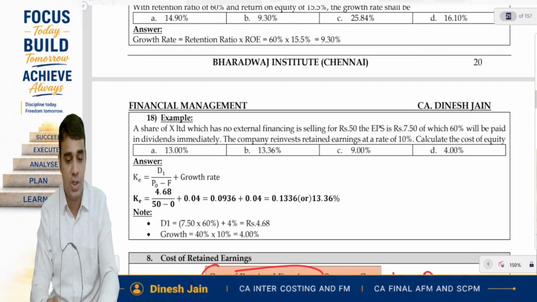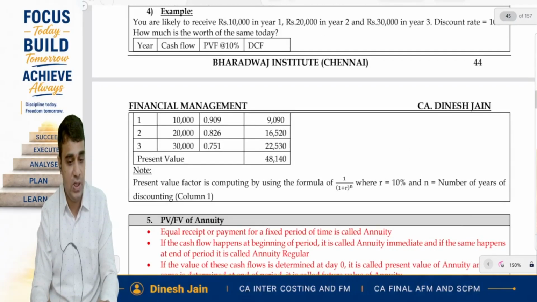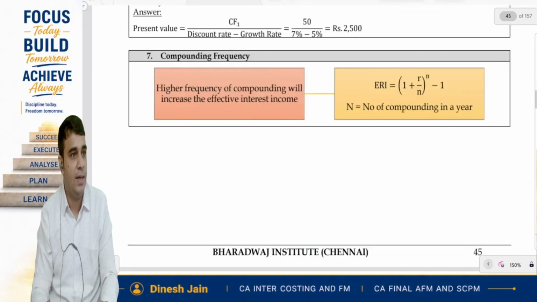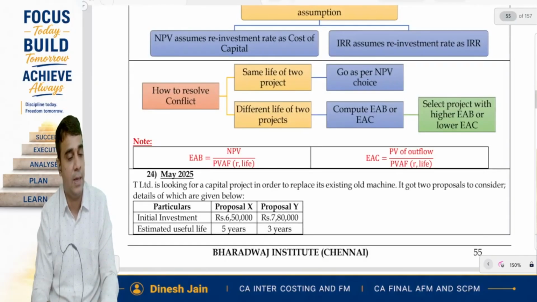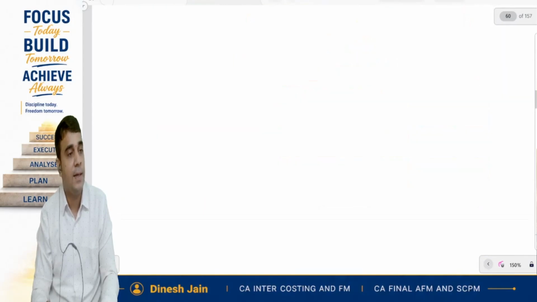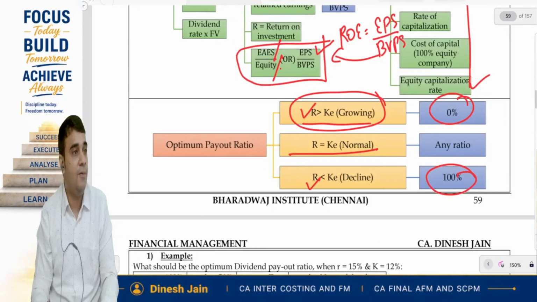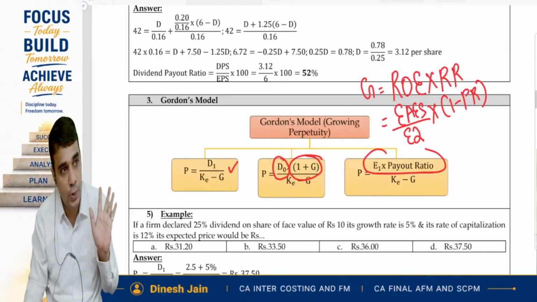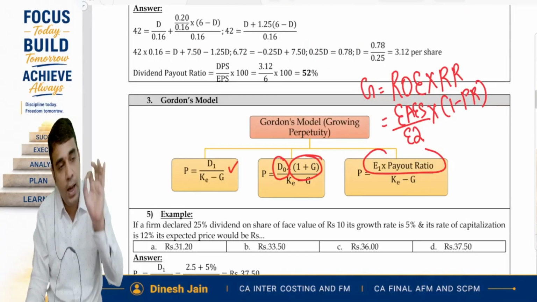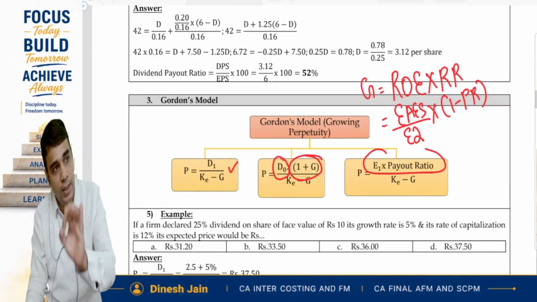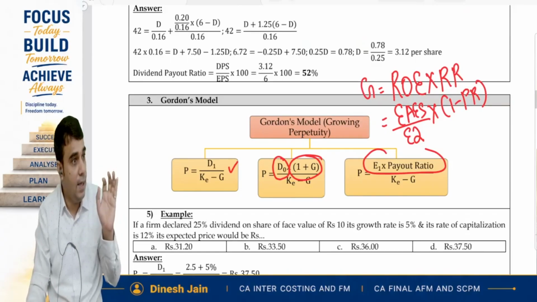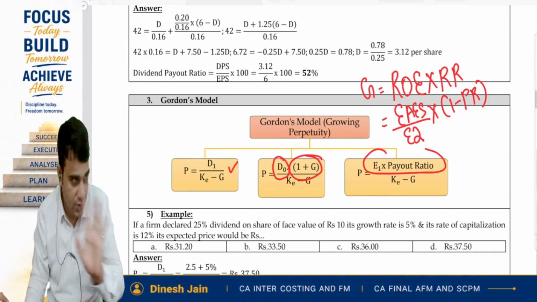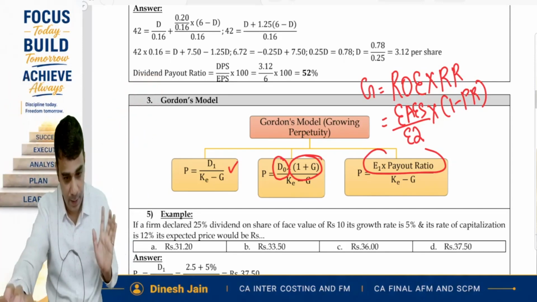Not much in this chapter, but still, suddenly in one question I may tell you to follow the formula we learnt in the cost of capital chapter. We have learnt about growth rate. Growth rate is equal to ROE into retention ratio, or based on past dividend history. Any doubts on this? Clear?